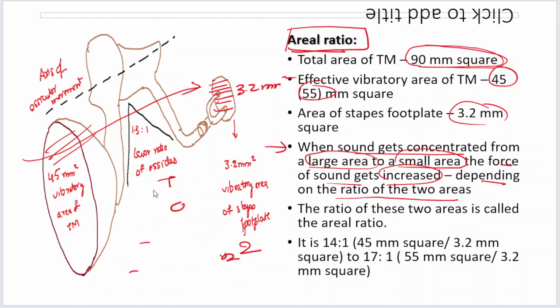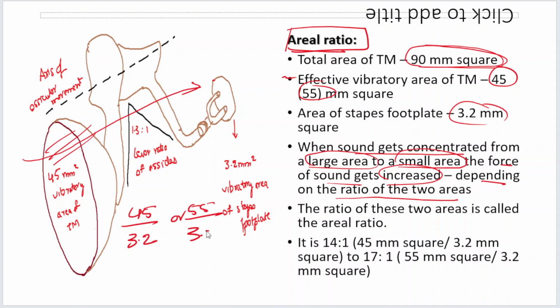So we have 45 divided by 3.2, or 55 divided by 3.2. It is going to come to either 14:1 or 17:1.